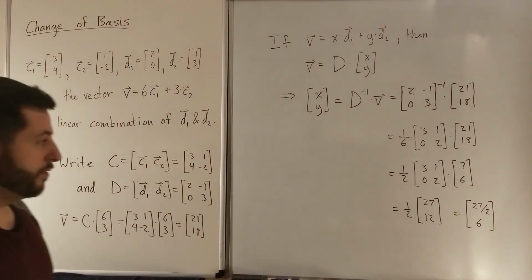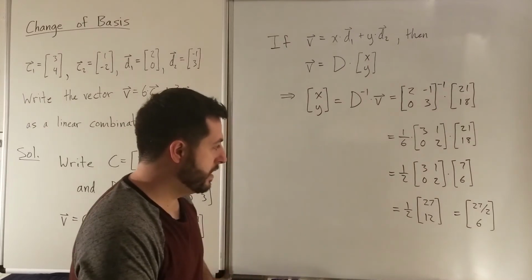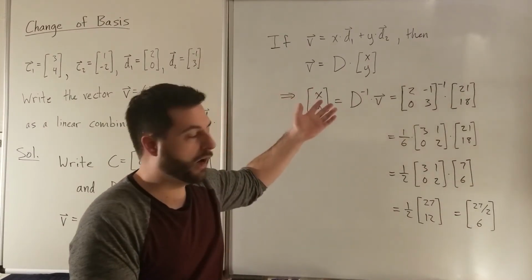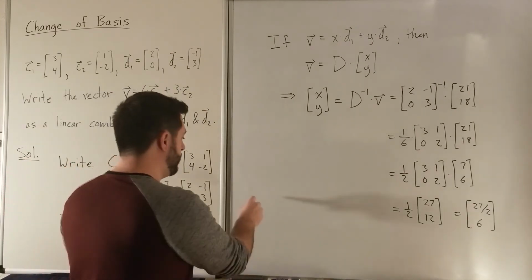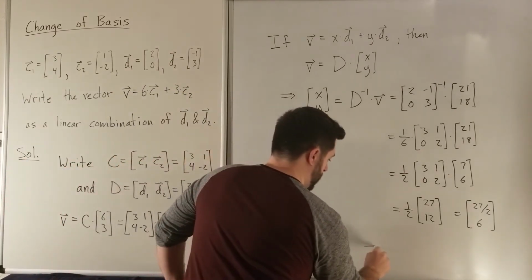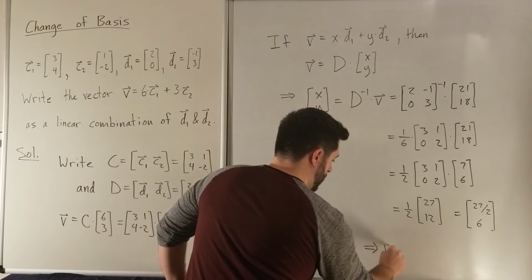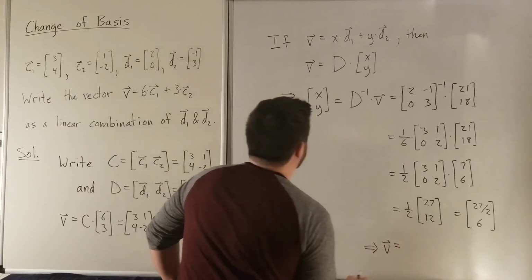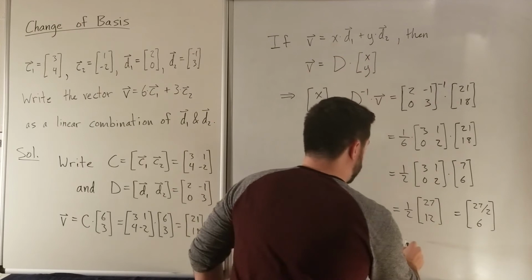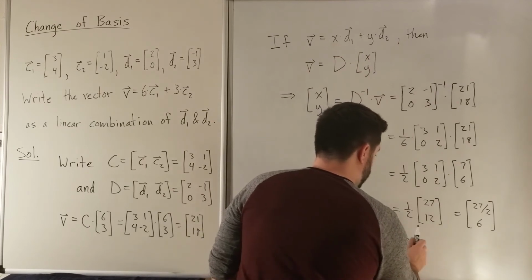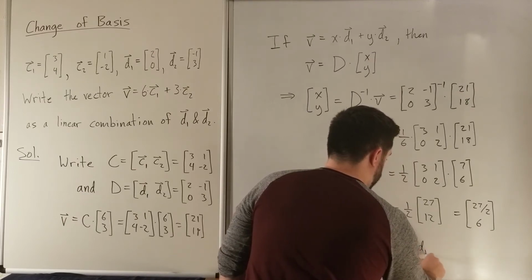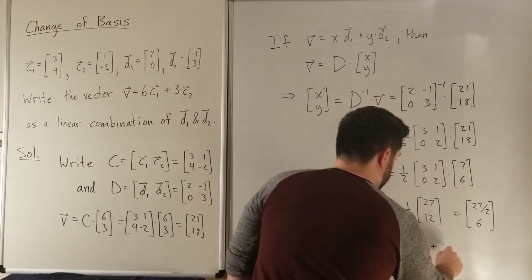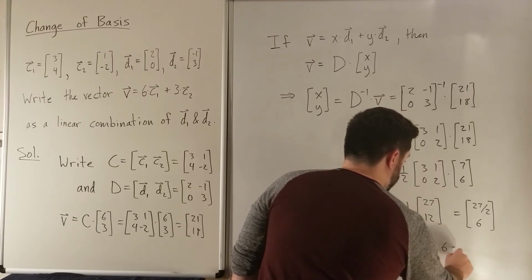All right, so this column vector right here is just the values of x and y written in a column vector. Our goal was to find what x and y were so that we can write v as x times d1 plus y times d2.